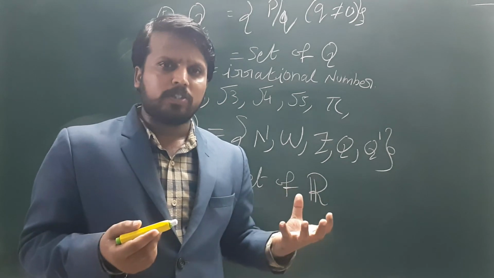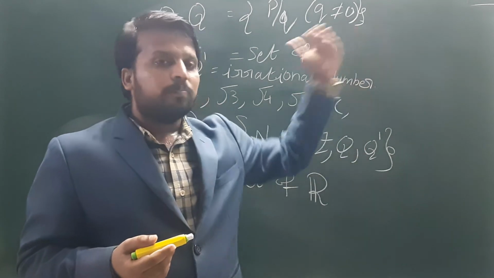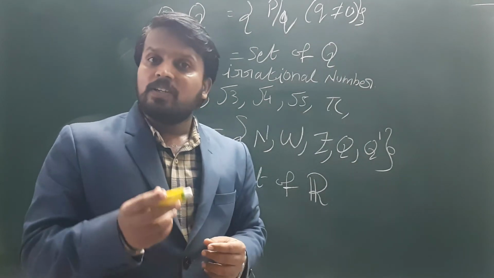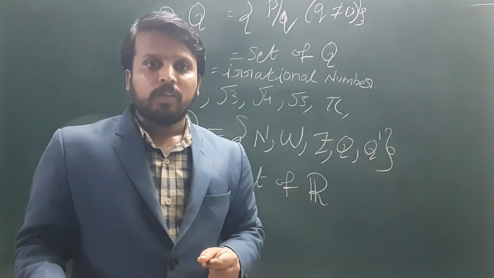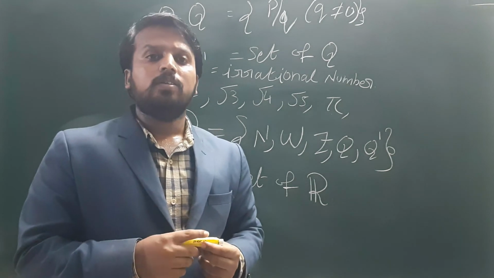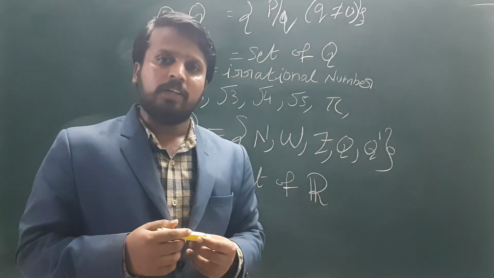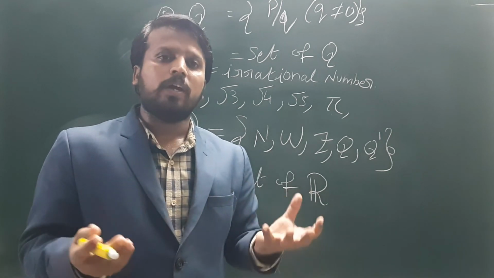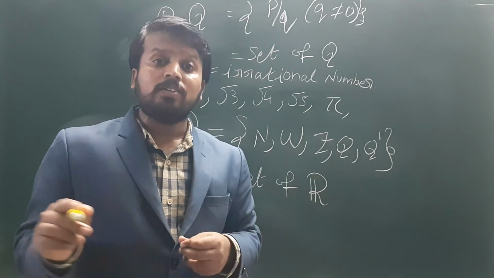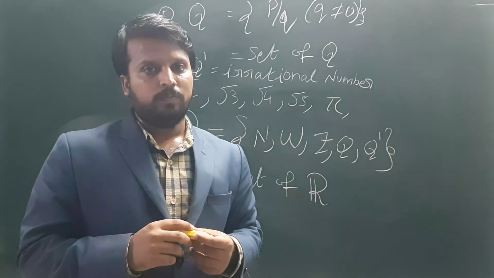Yes, all natural numbers are whole numbers. But is every whole number a natural number? No. Why? 0 is not there. Right or wrong? In natural numbers 0 is not there. That's why every whole number is not a natural number.